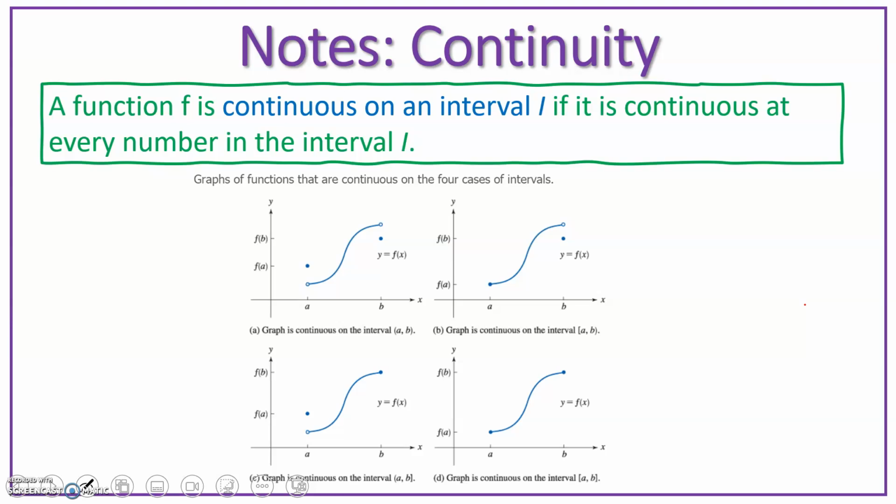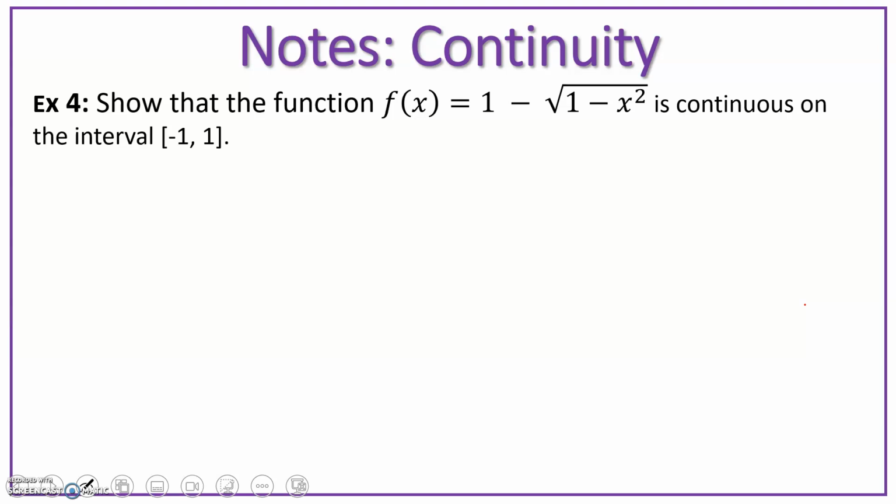All right. A function is continuous on an interval I if it is continuous for every number in that interval. All of these are examples of cases where we are fully continuous on some interval a to b. All right, show that this function f of x equals 1 minus the square root of 1 minus x squared is continuous on the interval negative 1 to 1.